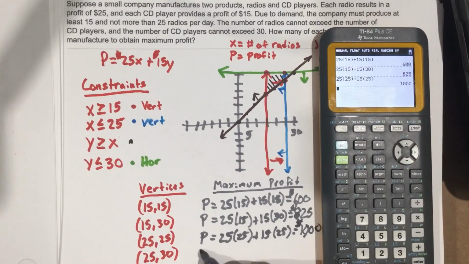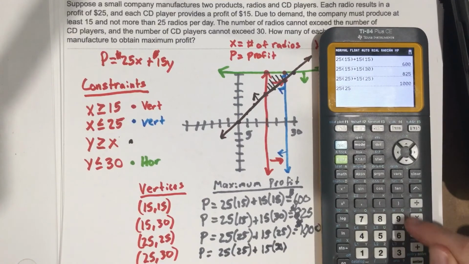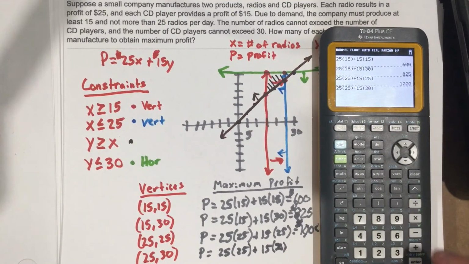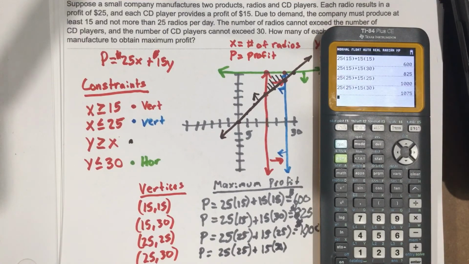And then finally we're going to do 25 and 30. And we've got 25 times 25 plus 15 times 30, 1,075.